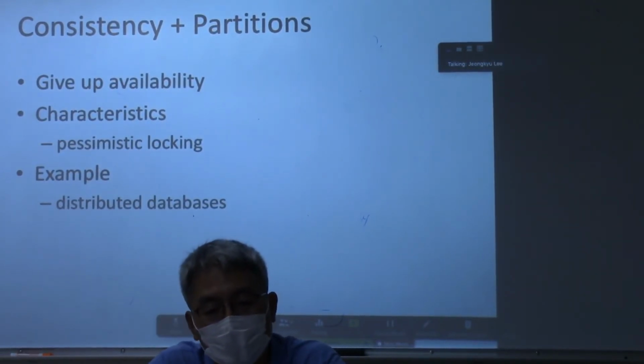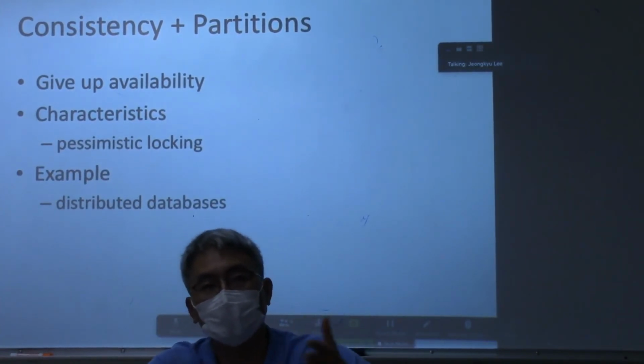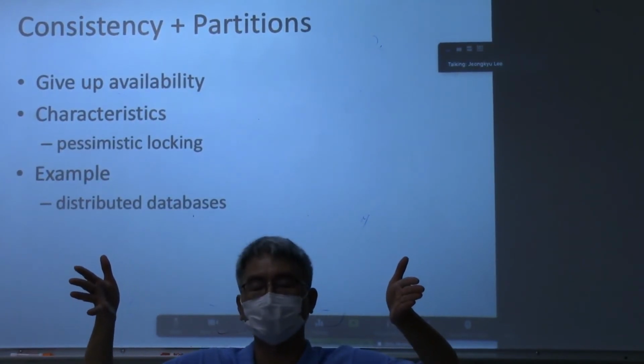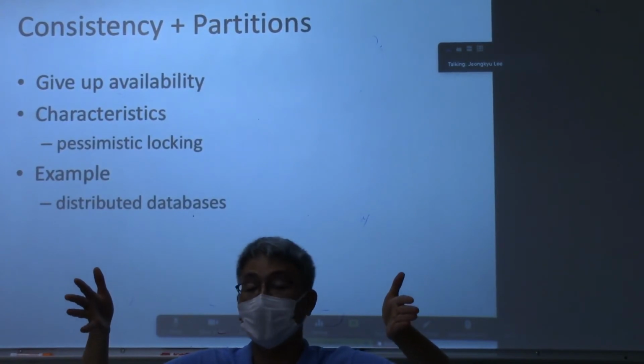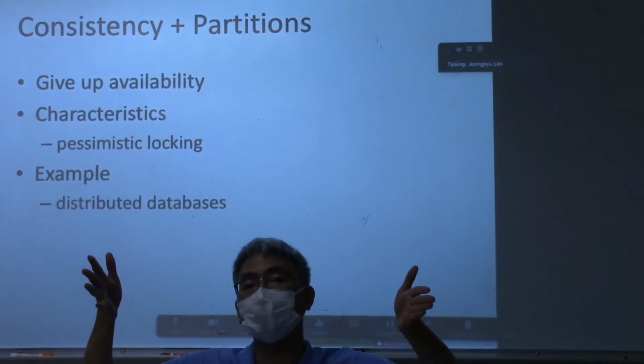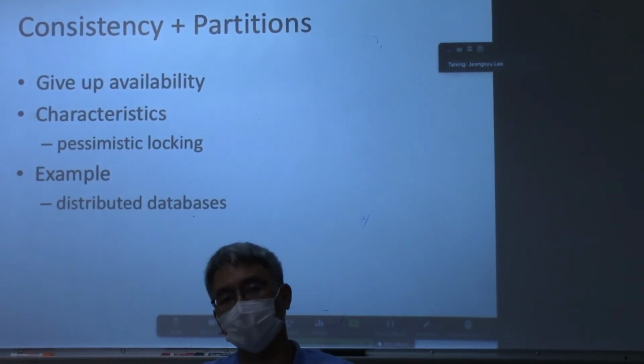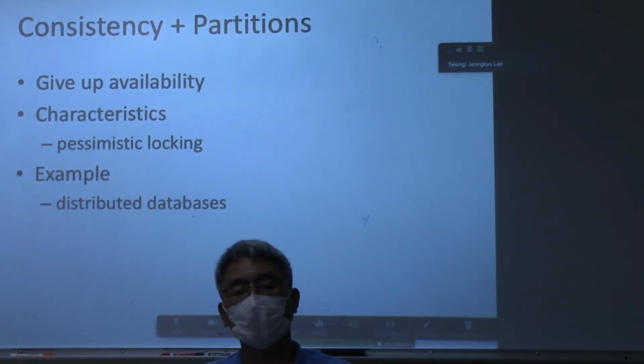It's a pessimistic lock. Pessimistic lock means it's a false lock. During the locking time, we cannot access the system. Most distributed databases have such consistency plus partition. They give up the availability.